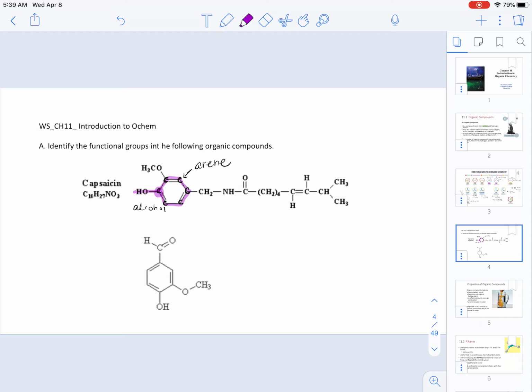When we have a carbon single bonded to oxygen, that oxygen single bonded to carbon, that is known as an ether. If we have a carbonyl that is bonded to nitrogen and that nitrogen contains carbons and hydrogens, that is known as an amide.